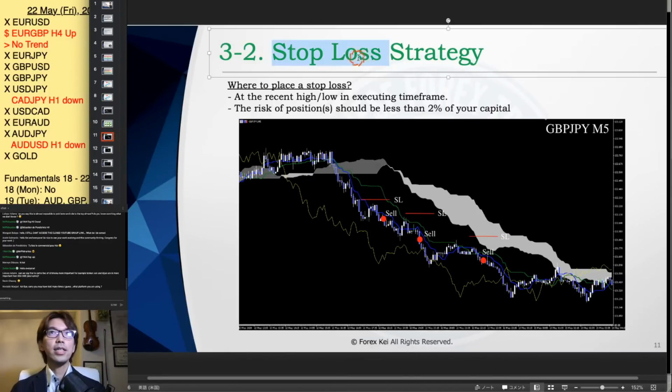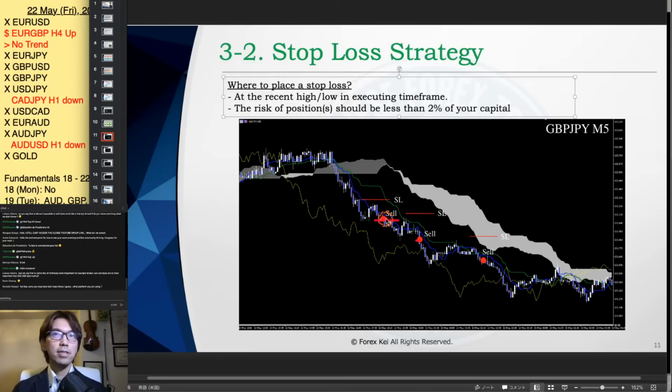Okay, so here is the stop loss strategy. Let's say after placing a buy or sell, where to put the stop loss is another commonly asked question. In this slide, I briefly explained how I usually put the stop loss, right? If I were to place a sell on these red bars, the lines where it says SL are the stop loss levels.